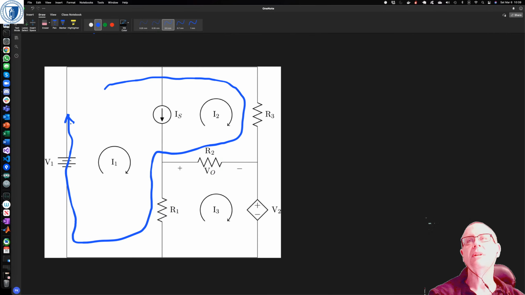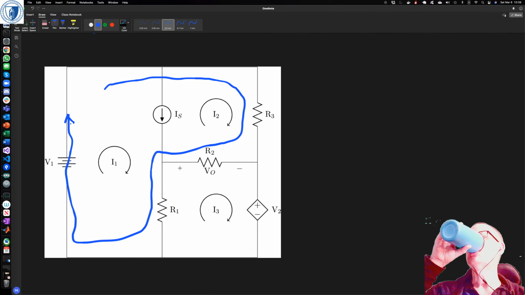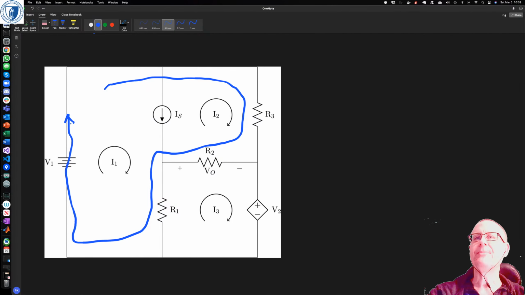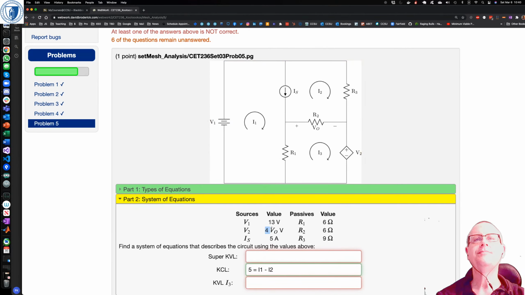Okay, so it's going to be VR3 plus VR2 plus VR1 minus V1 equals 0. And then the KVL equation for I3 should be pretty straightforward. It's just VR1 plus VR2 plus V2 equals 0, although V2 is a dependent source.